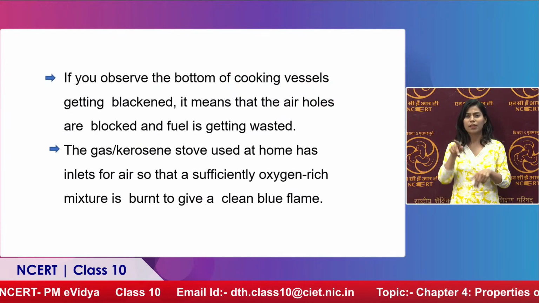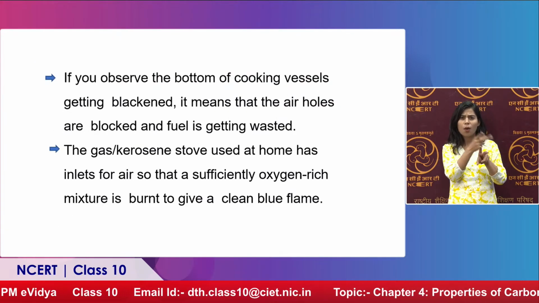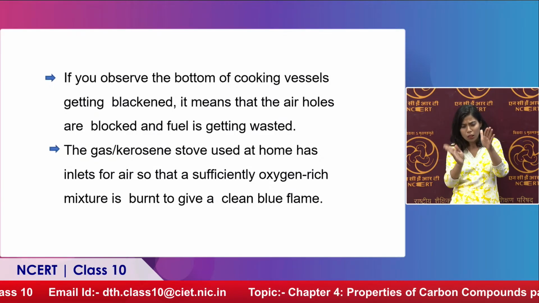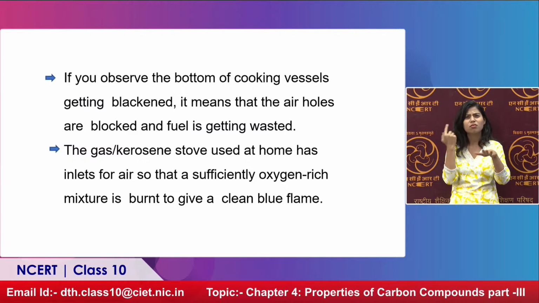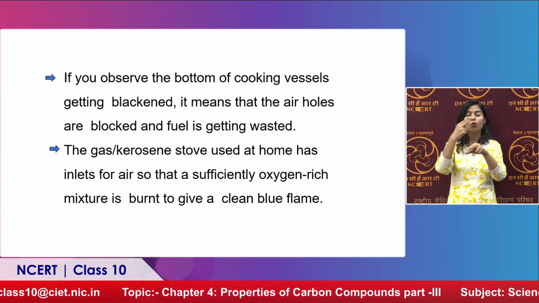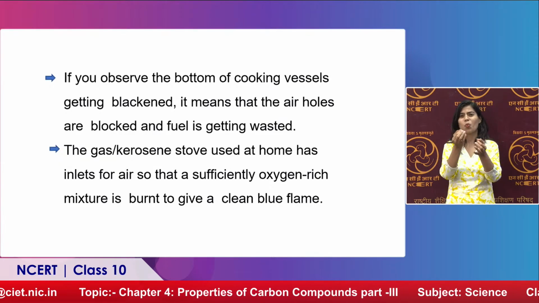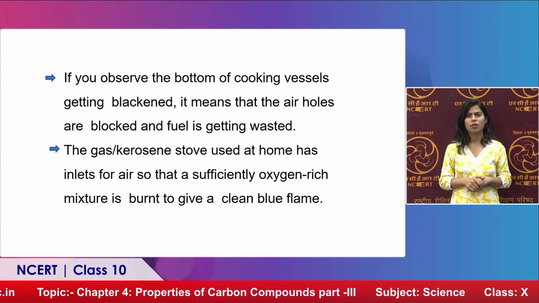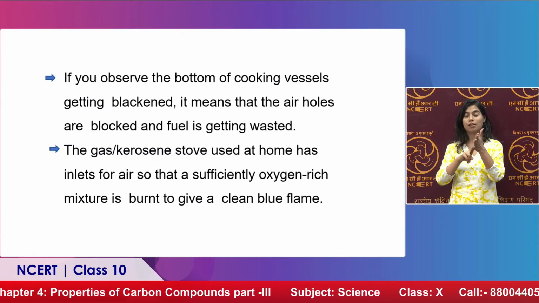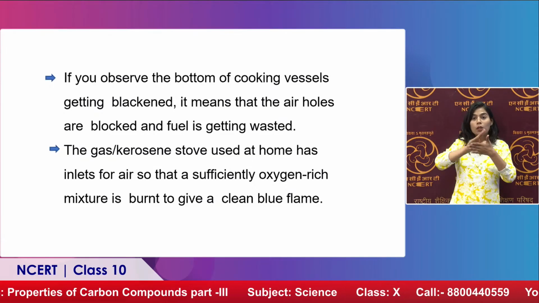If you observe the bottom of cooking vessels getting blackened, it means that the air holes are blocked and fuel is getting wasted. The gas or kerosene stove used at home has an inlet for air, so that a sufficiently oxygen-rich mixture is burned to give a clean blue flame.